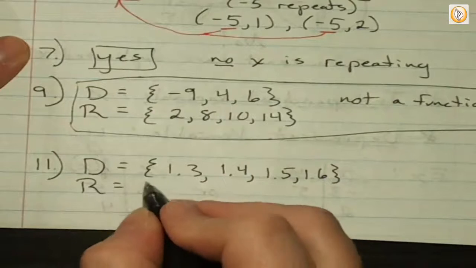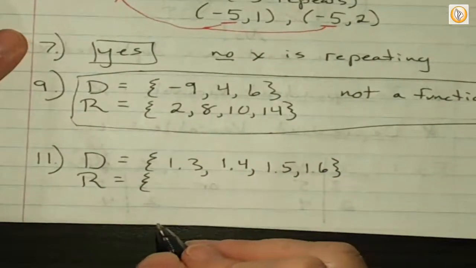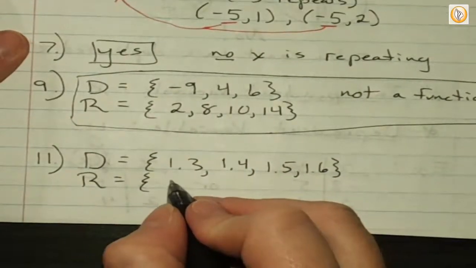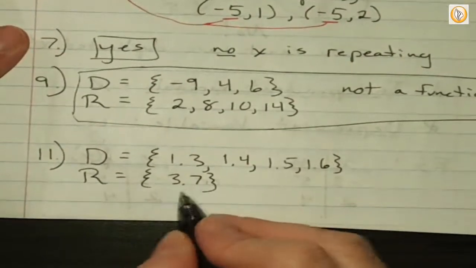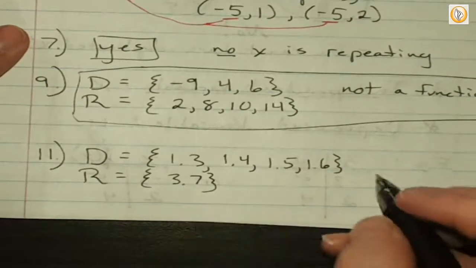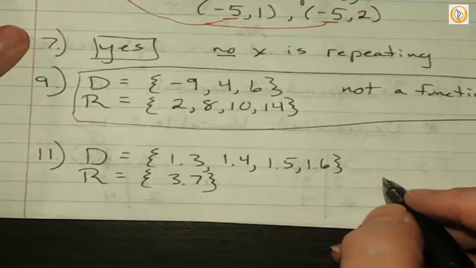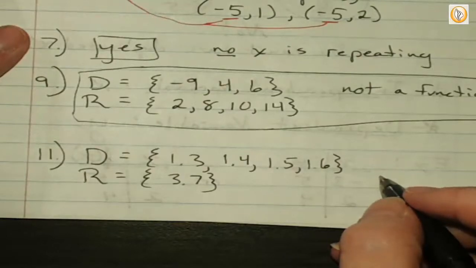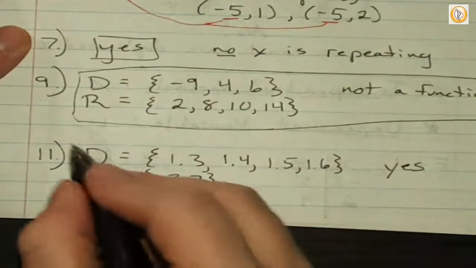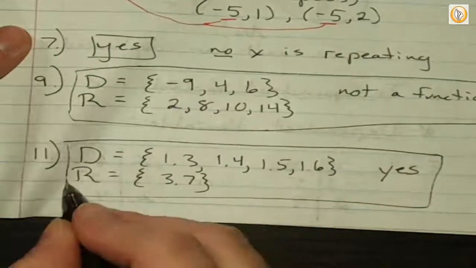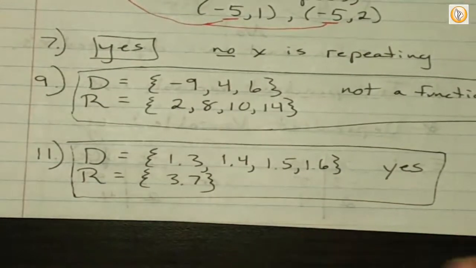What is the range, Michael? 3.7 on all. So just one, you only write it one time though, right? Yes. Emily, is that a function? Yes, she's correct, because even though the range is repeating, none of the domains are. Good job. Any questions so far?